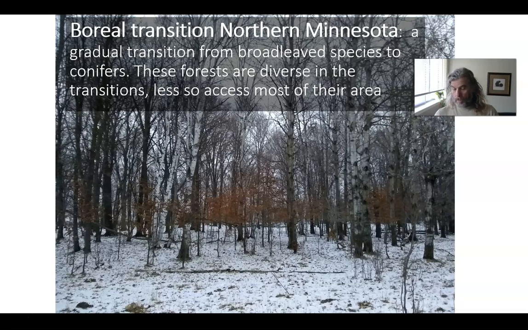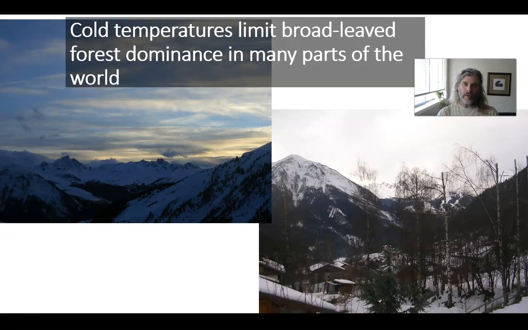Now, one thing that I want to take the time to emphasize here is that cold temperatures, broadly speaking, limit forest dominance in many parts of the world. And the importance of cold temperature is not limited to the distribution of boreal forests only. You can see this in tall mountain ranges throughout the world. This is an example from the Alps, the French Alps.